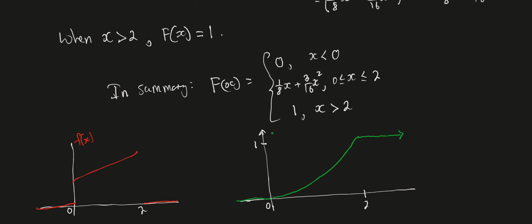So this is now the graph of big F of x, right? Which is kind of interesting, even though my PDF is piecewise continuous, my CDF is continuous.